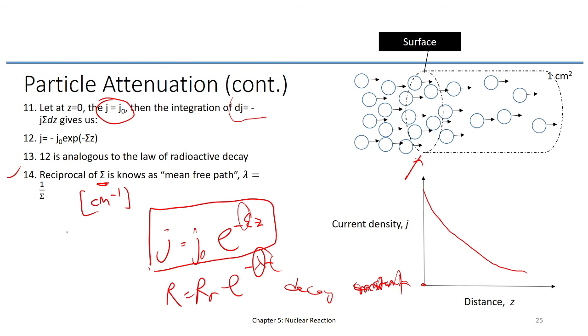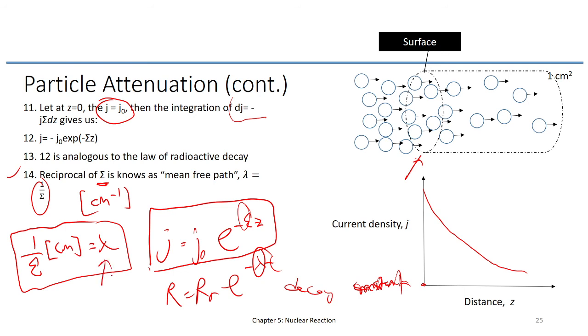But if you take the inverse of sigma, the unit is now cm, and we use lambda to express the reciprocal of sigma.